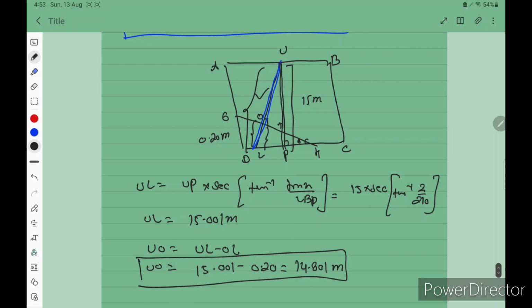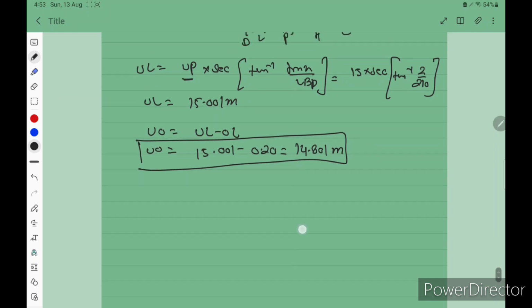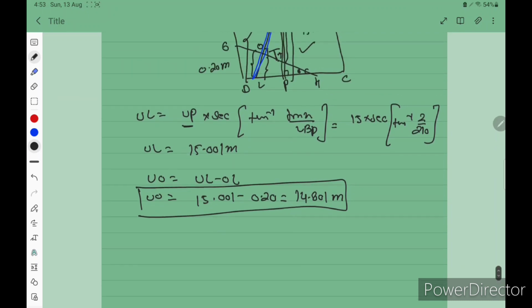Now we know UO, so we can find UT. The same formula, instead of UP we use UT. So UT is equal to UO into sec tan inverse trim by LBP.